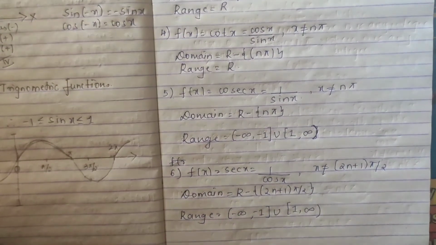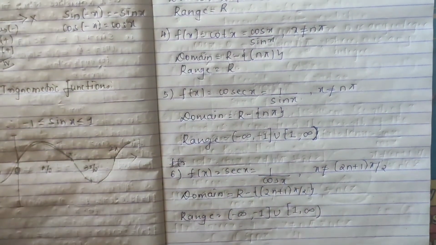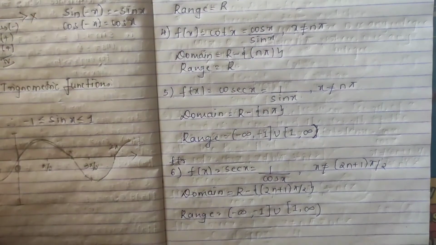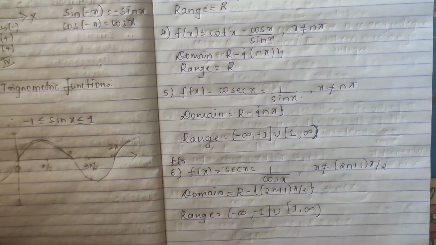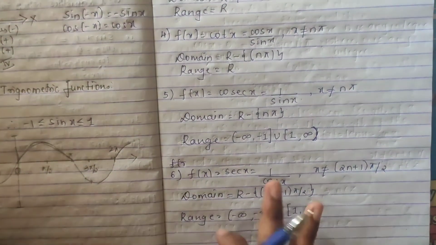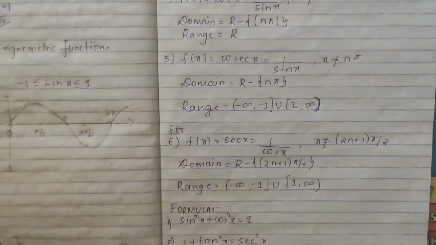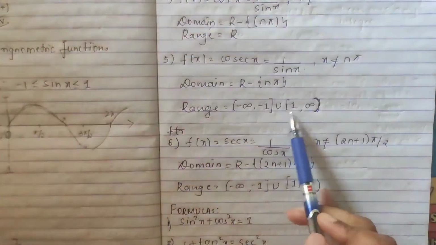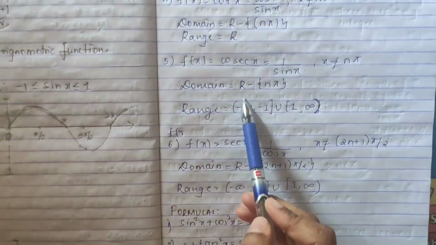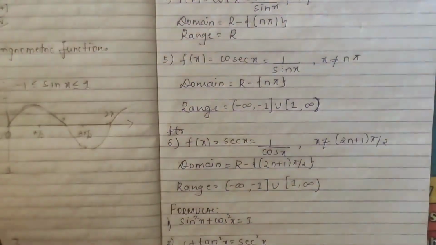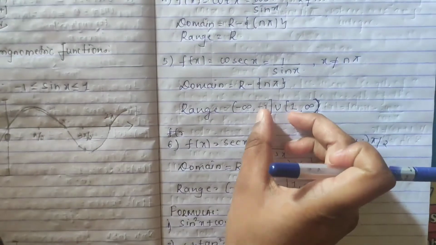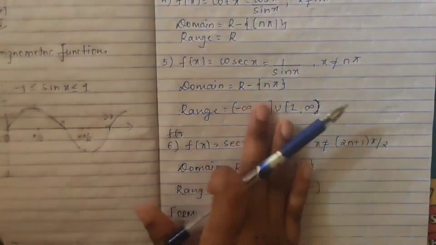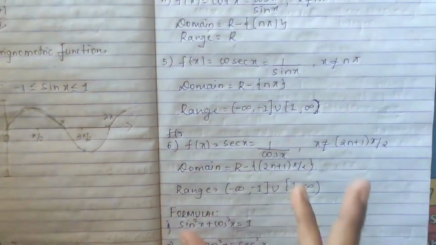Even if I teach you so deep, you won't understand much. You can, but still that is not needed. You can see this range as minus infinity to -1 union 1 to infinity, which means minus infinity and infinity are open, and -1 and 1 are closed. So between this you can take it as the range.